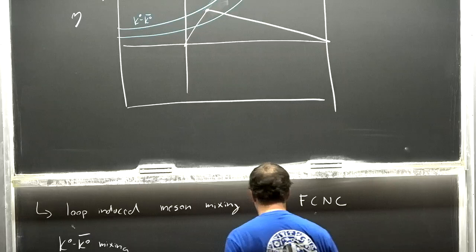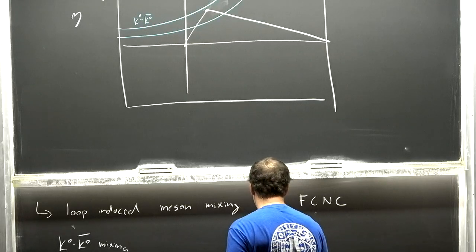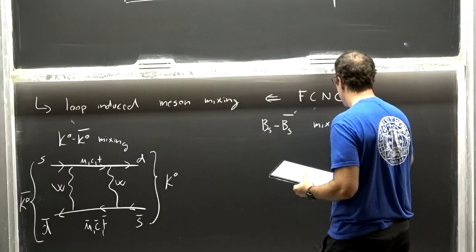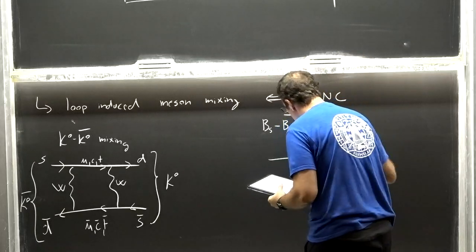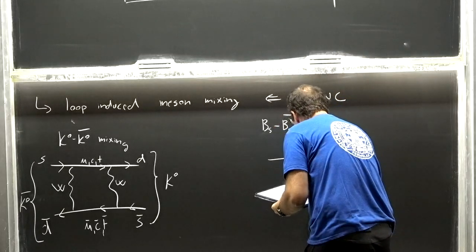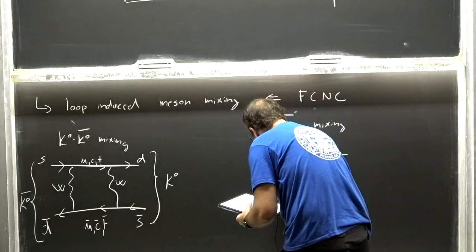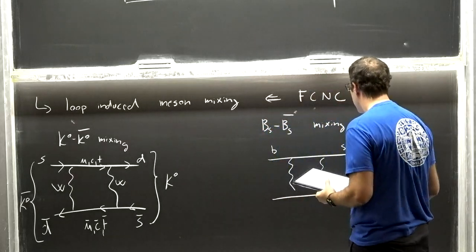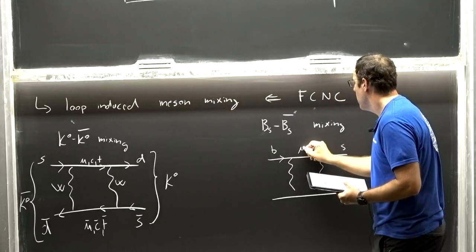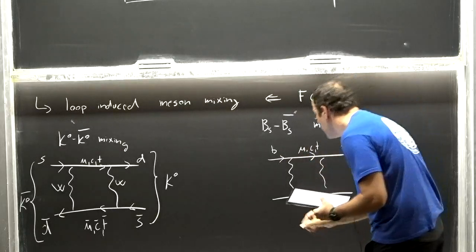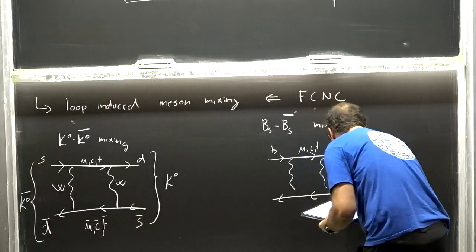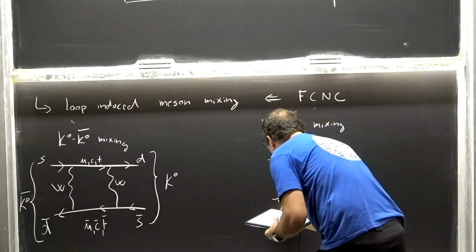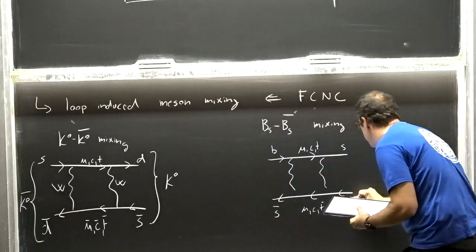You can do the same thing for B sub S bar mixing. It will take a B, convert it into an S quark, U, C, T, B bar, S bar.